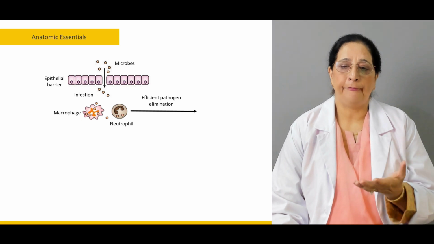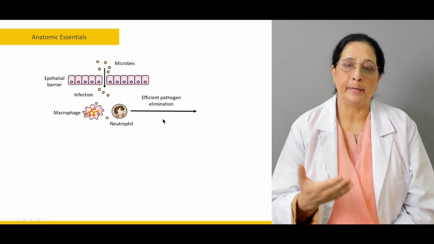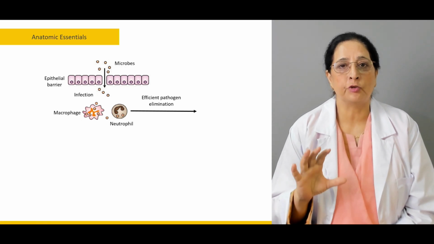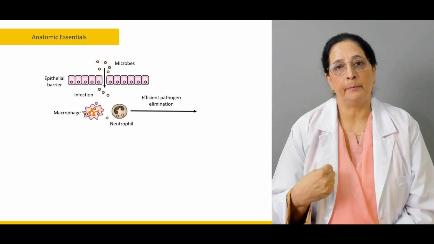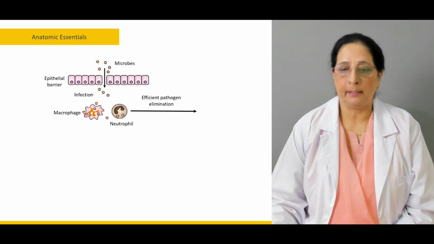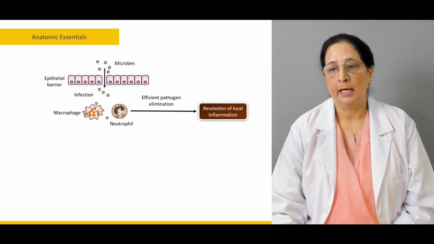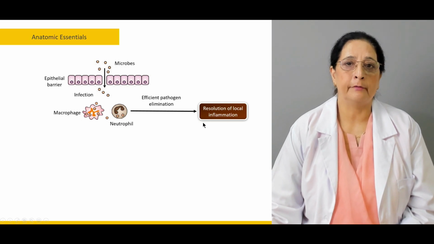Once there is efficient pathogen elimination, if, as I mentioned, the immune system is strong enough, they will take in the microbe, destroy and kill it. And then there is usually resolution of local inflammation or infection.